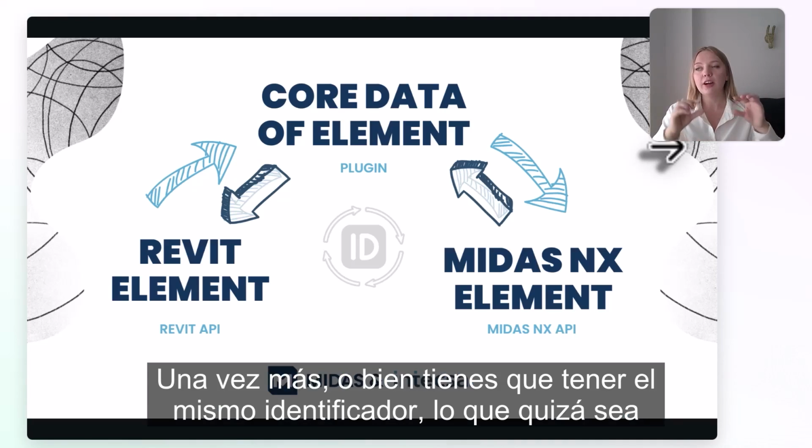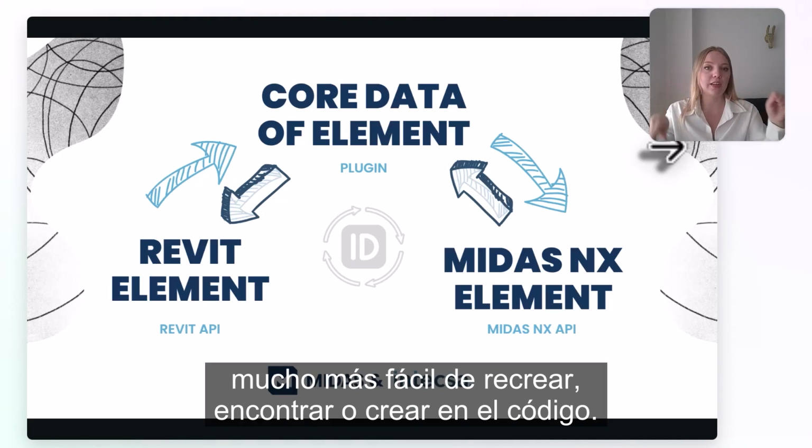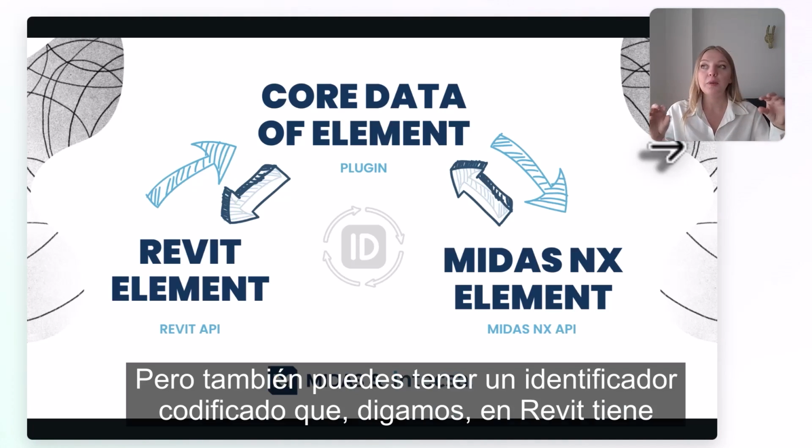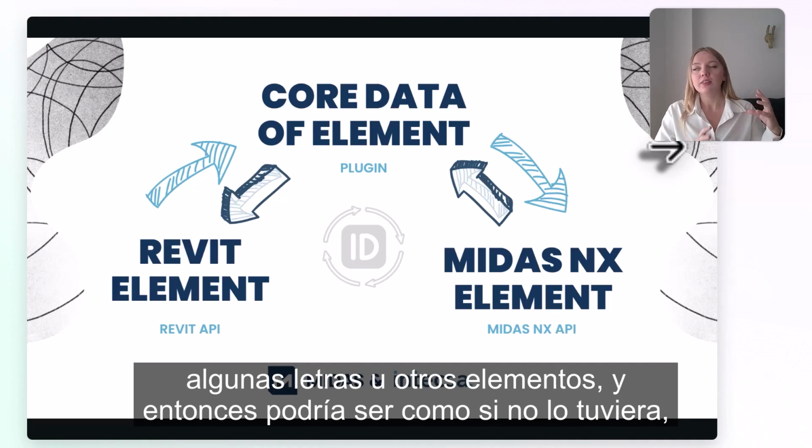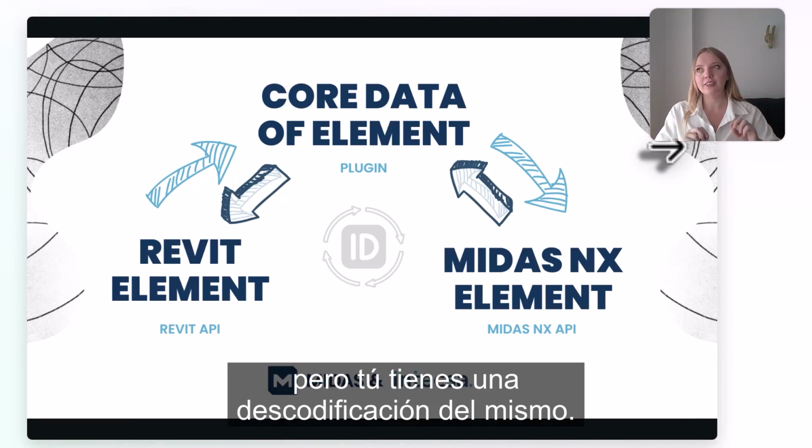Either you have the same identificator, which will be much easier to find or to make in code, but also you can have a coded identificator that, let's say in Revit, has some letters or other things, and then in MIDAS it doesn't, but you have a decodification of it.